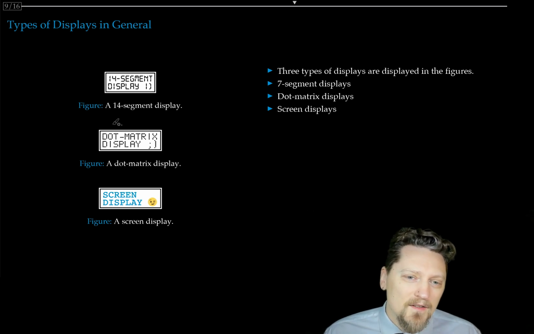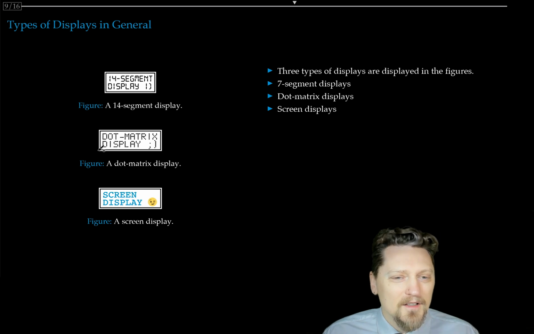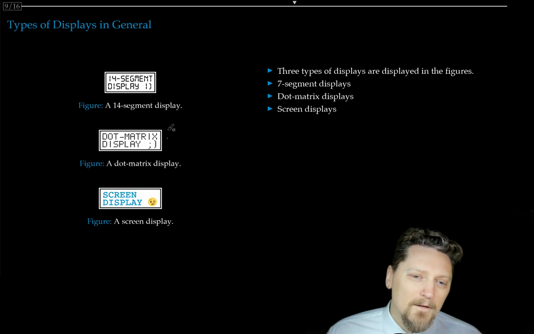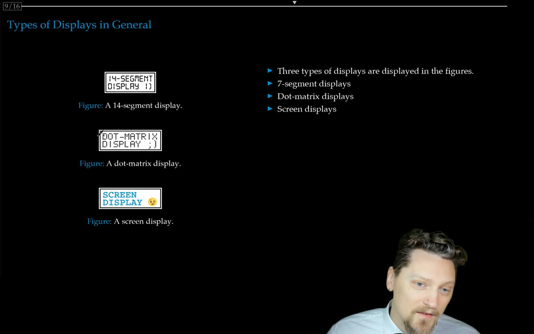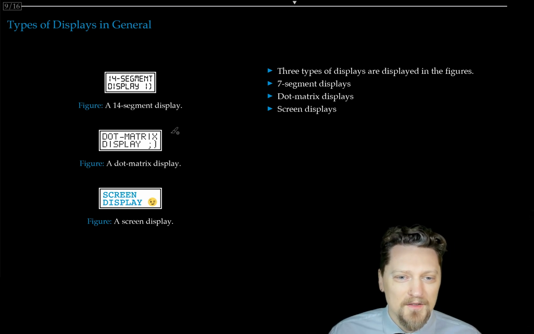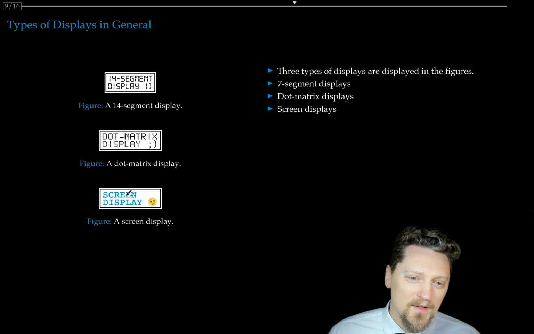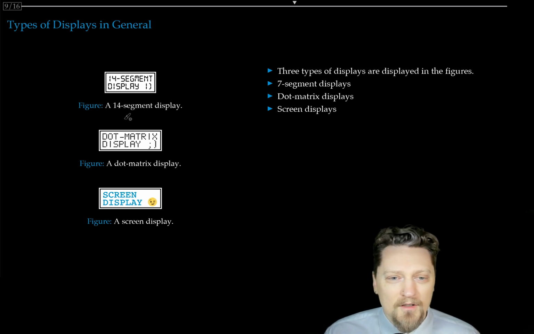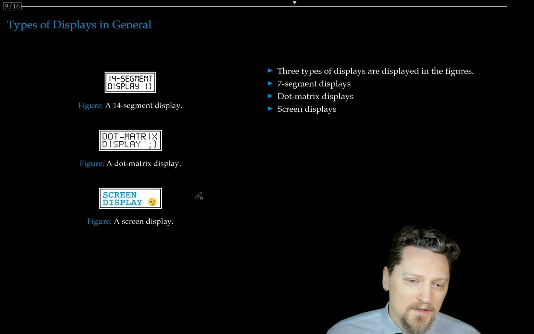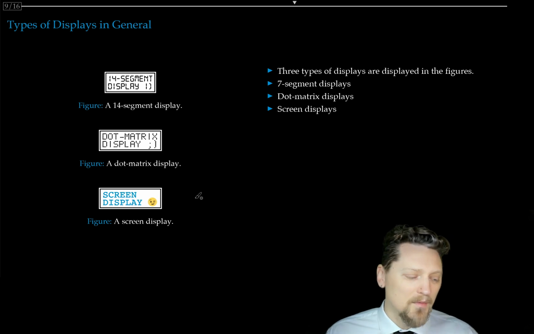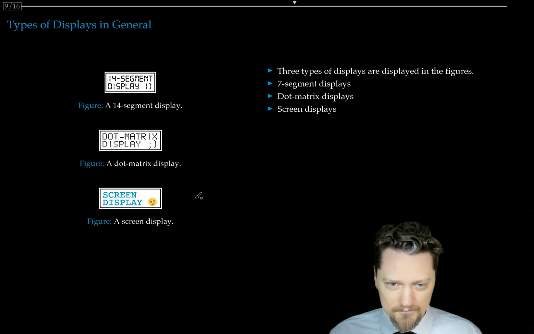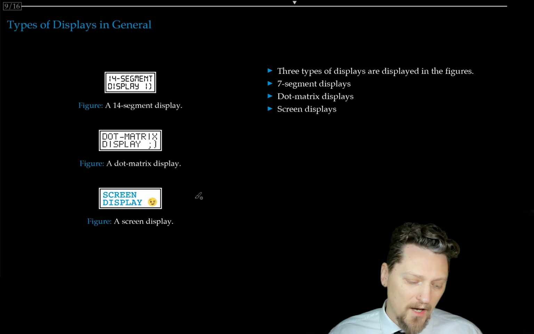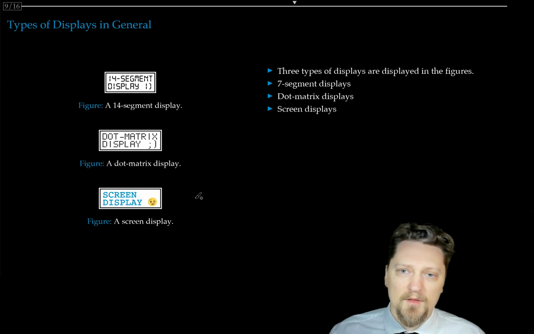There are dot matrix displays, so you can interact with the computer through a display that has a bunch of dots, so dot matrix display, and then screen displays which have pixels. So a dot matrix display can only present one color at each location, whereas a screen can typically present more colors at each location. Yeah, and also typically has a much higher resolution than a dot matrix display.